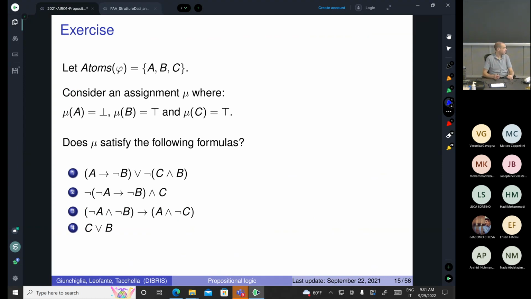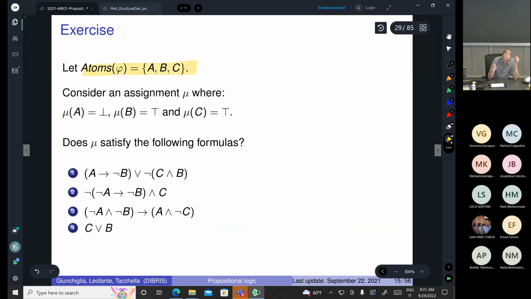Okay, let's do this exercise together. So we have a set of 3 atoms, and we have an assignment. And now we know how this works. So let me make a new page here.